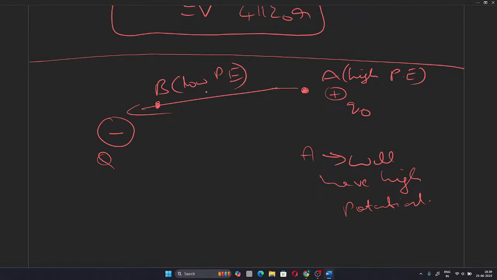Because of that, the charge q naught, without any external force, will move from A to B. Because of the attraction forces and the high potential energy, as it moves from A to B, the potential energy gradually gets converted into kinetic energy. The work done will be negative.